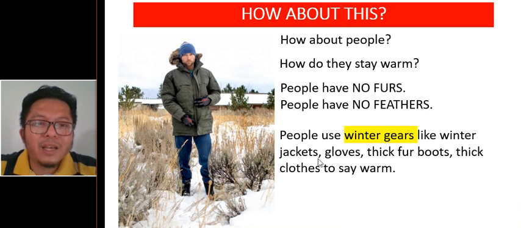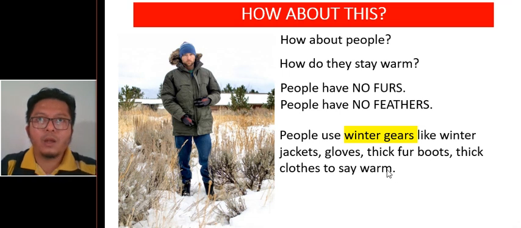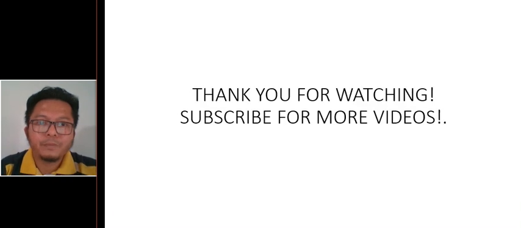Like winter jackets, gloves, thick fur boots, thick clothes to stay warm. They wear a few layers of clothes so the heat will stay inside. Your shirt is a poor conductor of heat. If you wear a lot of thick shirts, you can stay warm in cold weather.